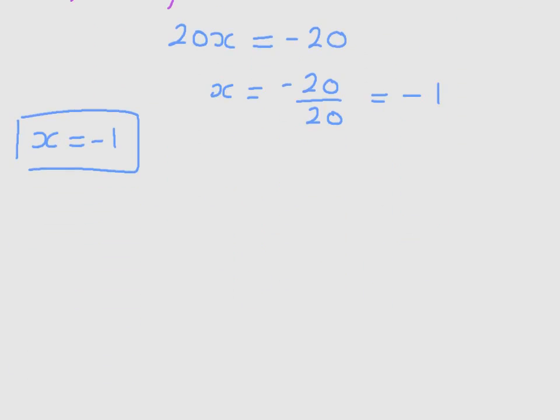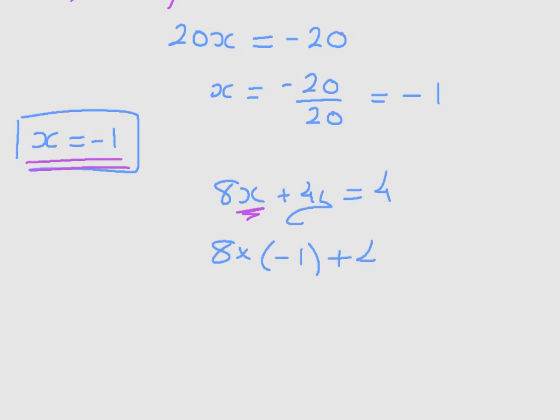E1 was 8x plus 4y equals 4. And what we do now is replace the x inside this equation by the x we just found. In other words, we're going to write 8 times negative 1 plus 4y equals 4.